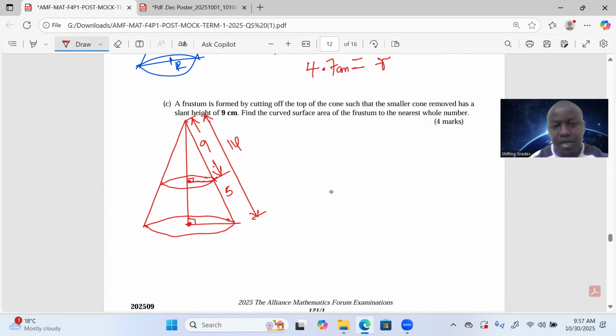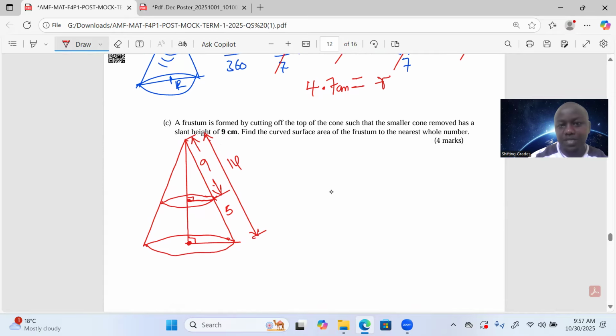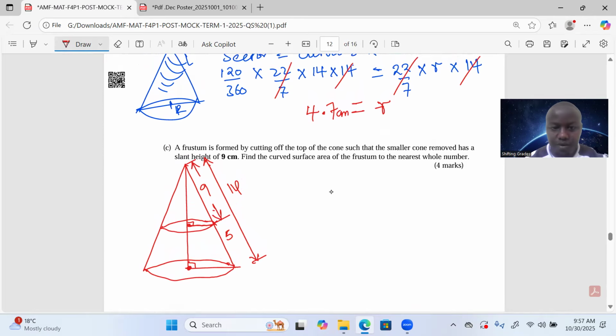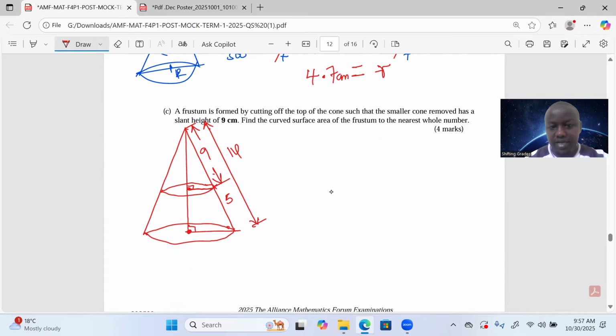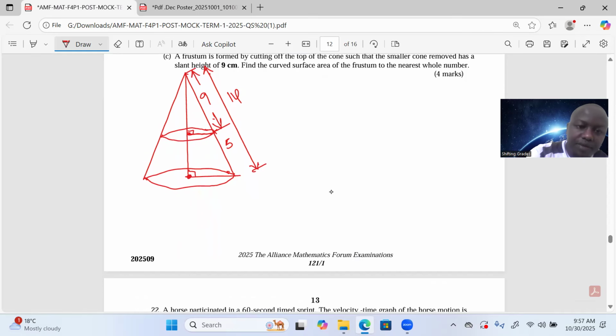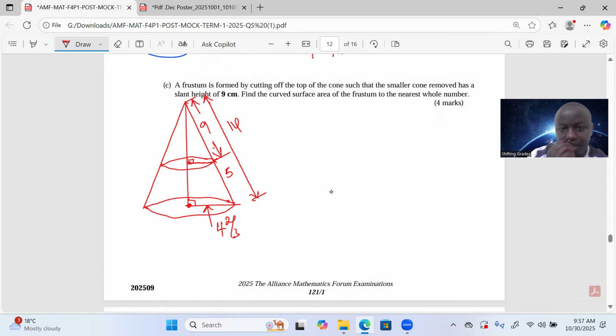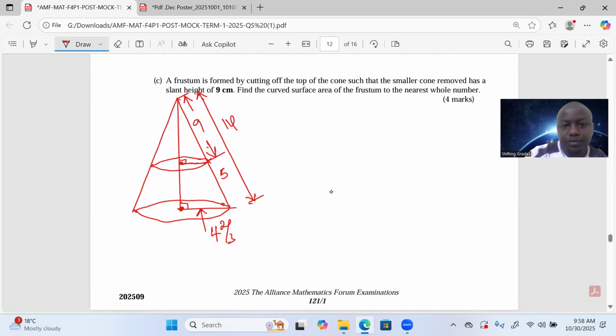Now it's good for you to know that using similarities and enlargements, we can also find the radius, because the radius here has been computed as 4 2/3. Because they are both linear measurements, the ratio of the radii is the same as the ratio of the slanting heights.